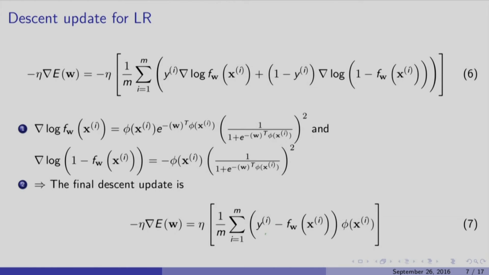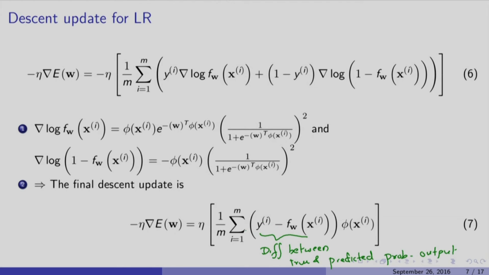So you are left with a very simple form: the summation over all the data points of the difference between the true output and the predicted probabilistic output, multiplied with phi(x_i).